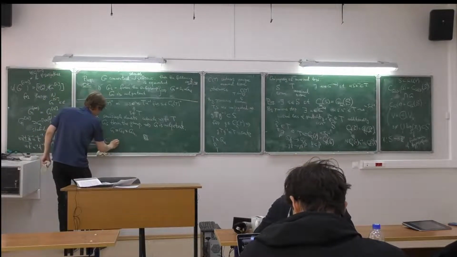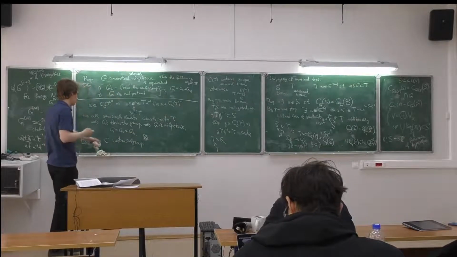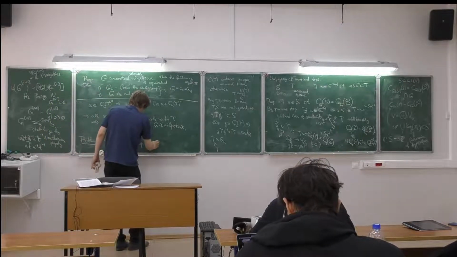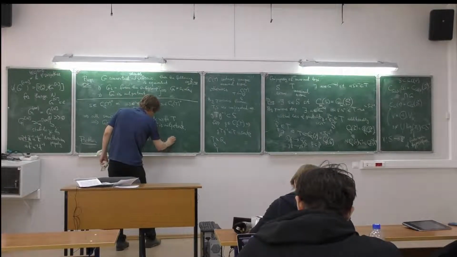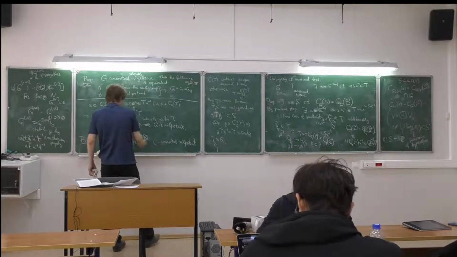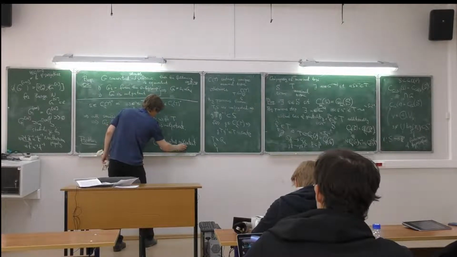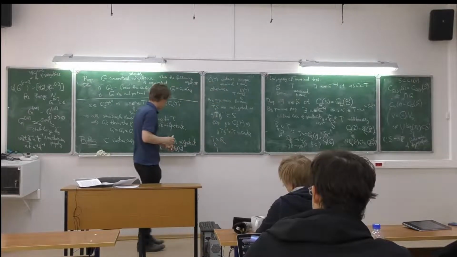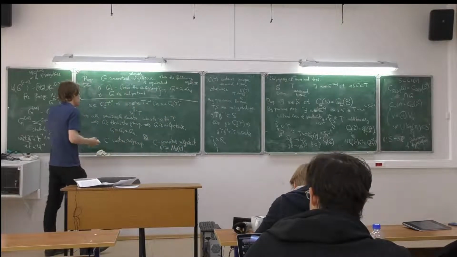C is a Cartan subgroup if it has two properties: C is connected, nilpotent, and C coincides with the connected component of its normalizer in G, the normalizer of itself. So this is the claim.